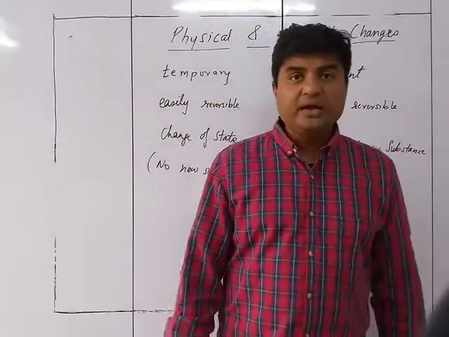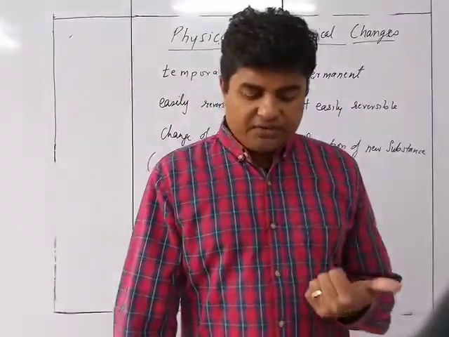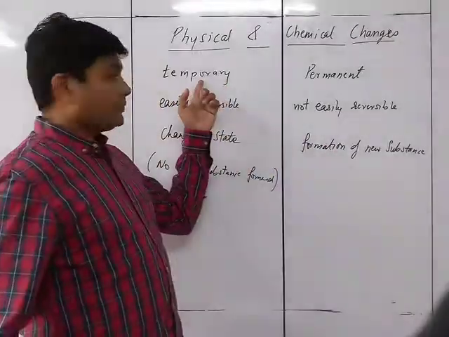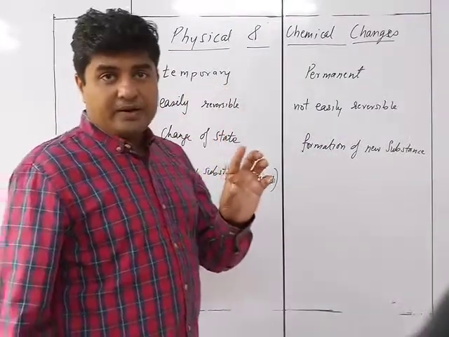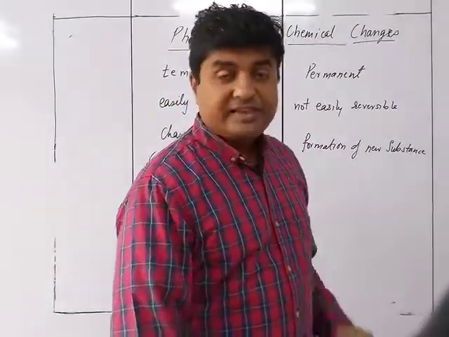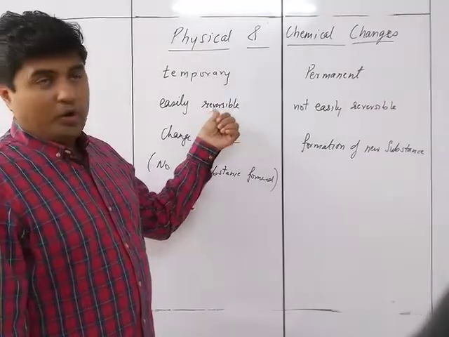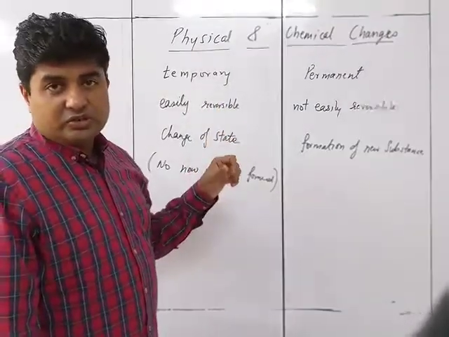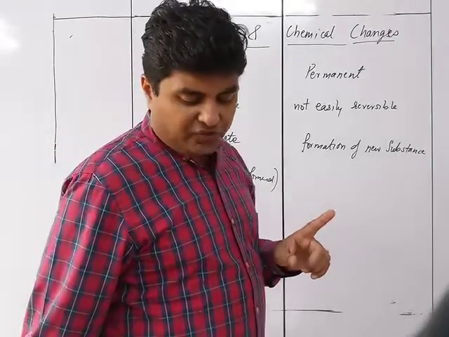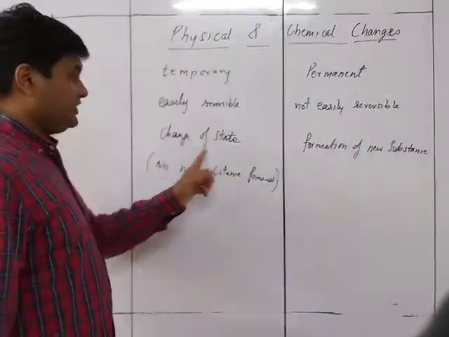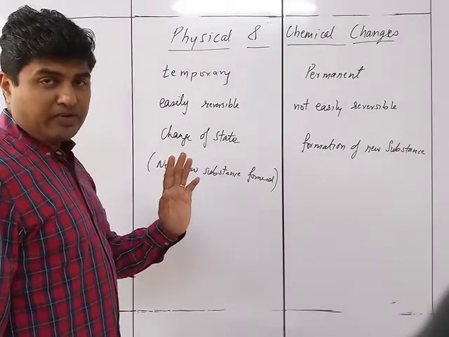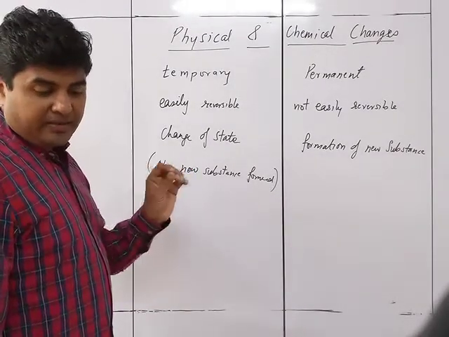So that's why we see that physical changes have the following characteristics. First thing, it is temporary, as we had said earlier. Temporary means only for a short duration of time. Secondly, easily reversible, because it is temporary, it can be easily reversed. Third, no new substance formed, only a change in state, so the composition remains the same.